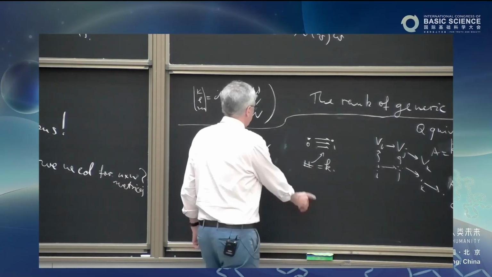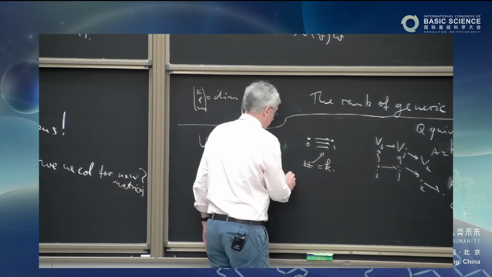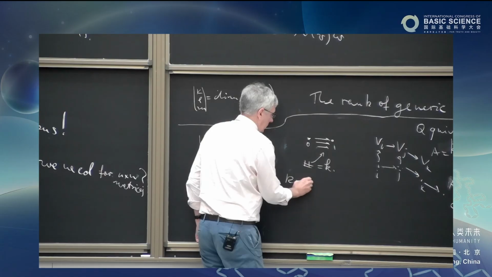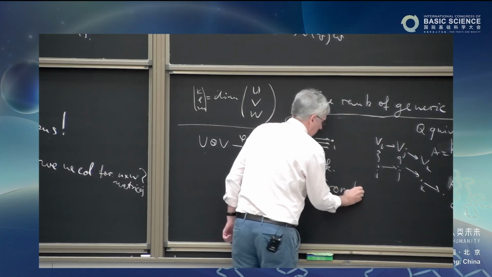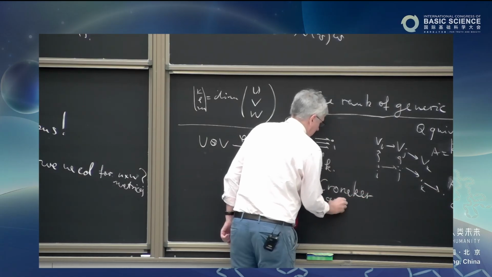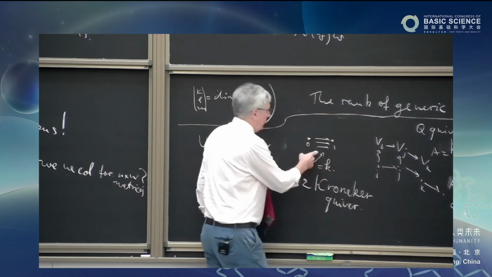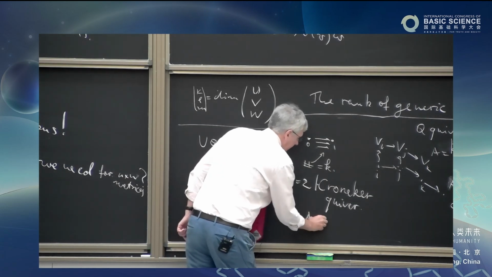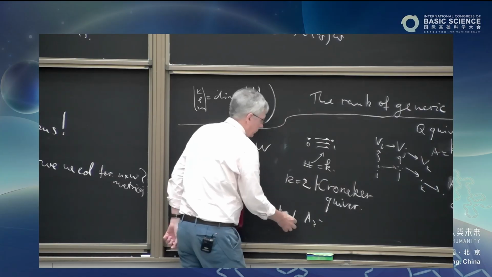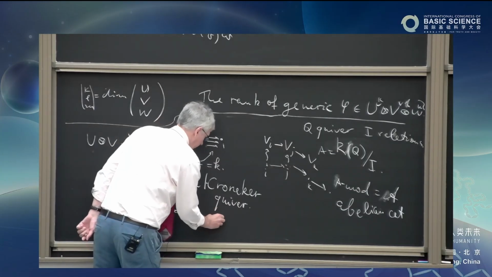So in our case, for k equals 2, it's called the Kronecker quiver. And for k equals 1, it's called the A2 quiver because it's the Dynkin diagram A2.